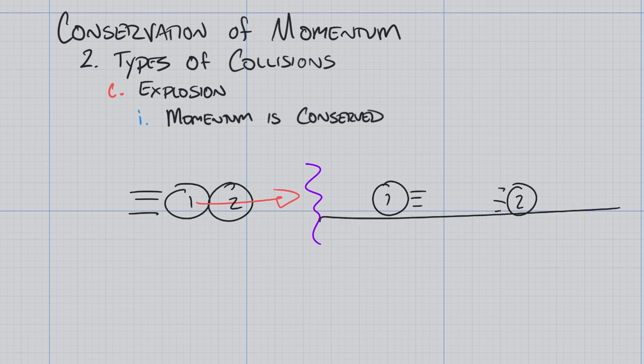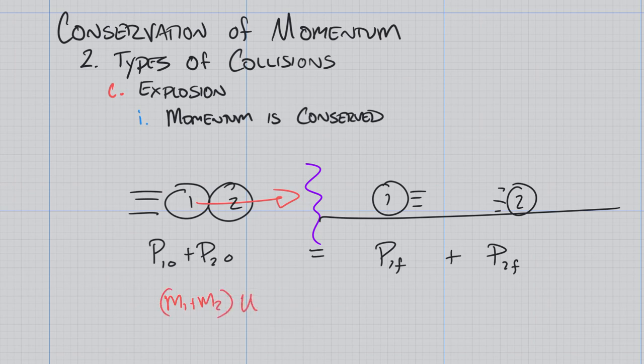So they've exploded apart. Again, we're going to have momentum 1 initial plus momentum 2 initial. It's going to equal momentum 1 final plus momentum 2 final. And just like we just saw, these two objects, because their velocities are the same, we could then write this as mass 1 plus mass 2 times my initial velocity of the total equals mass 1, velocity 1 plus mass 2, velocity 2.